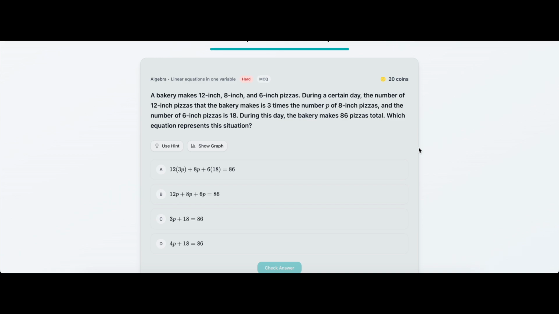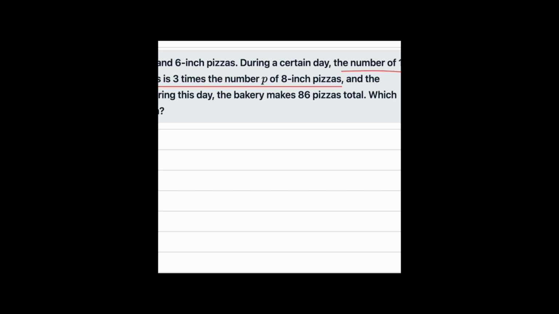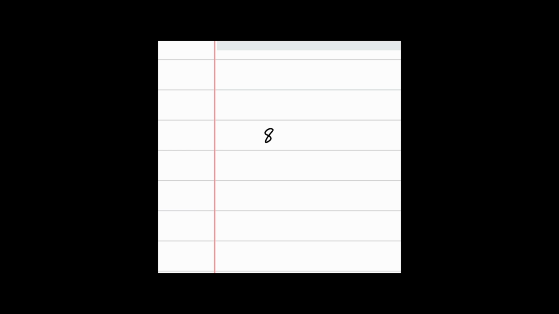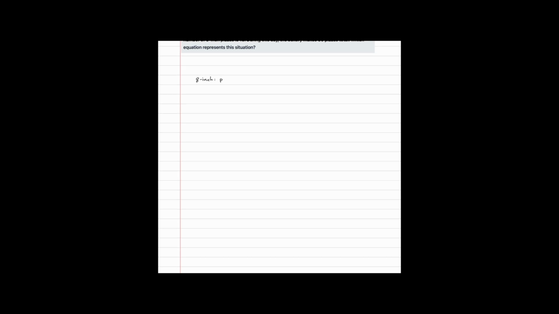Okay, so let's sort of analyze this, right? The number of 12-inch pizzas is 3 times the number P of 8-inch pizzas. So it's saying that the number of 8-inch pizzas is P, right? So let me write that down. I can say that the number of 8-inch pizzas is P. And we can also see that the number of 12-inch pizzas is 3 times the number P of 8-inch pizzas.